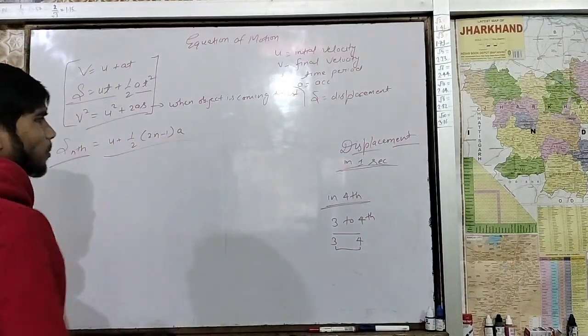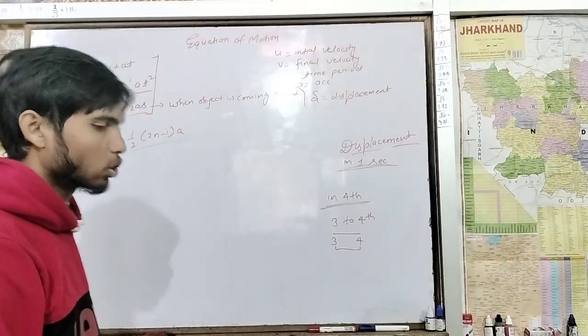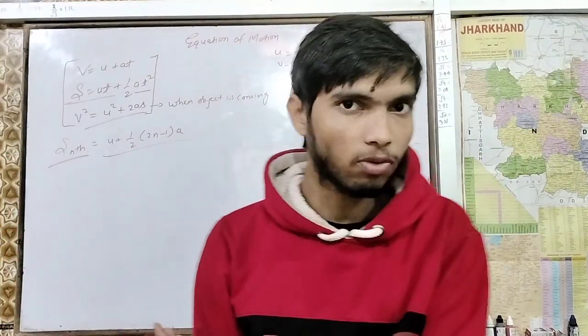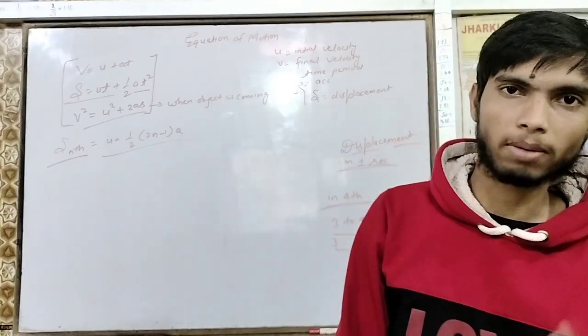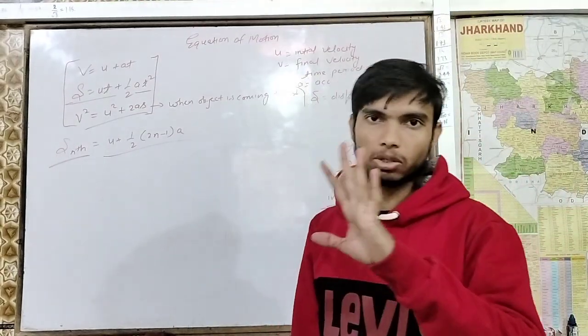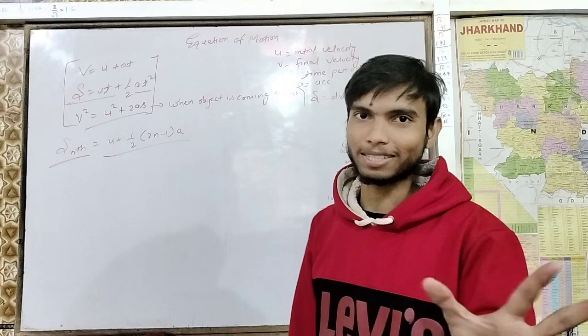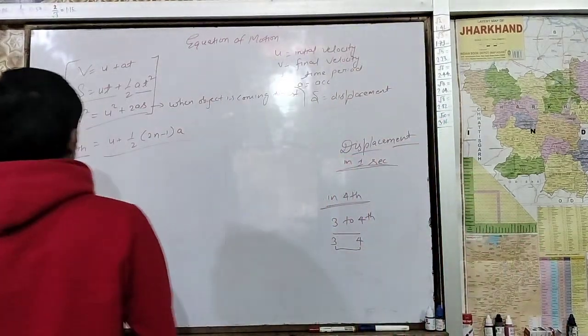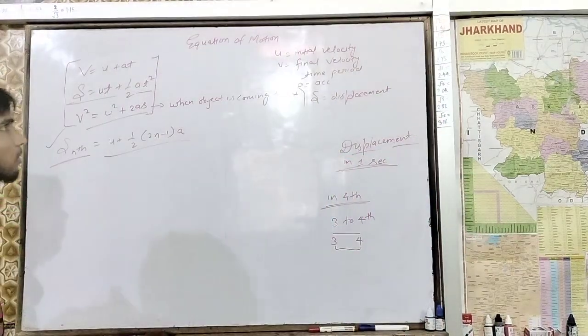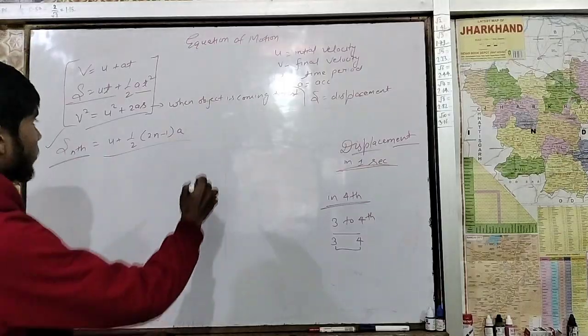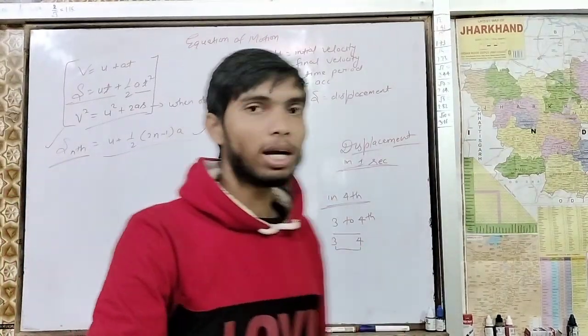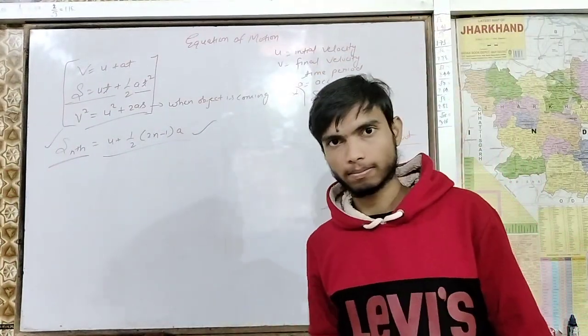You don't need to remember this formula. As you will be doing a lot of questions based on this formula, you will understand it automatically. There is no need of pressure. This was our fourth formula. It will be used to calculate the displacement in 1 second.